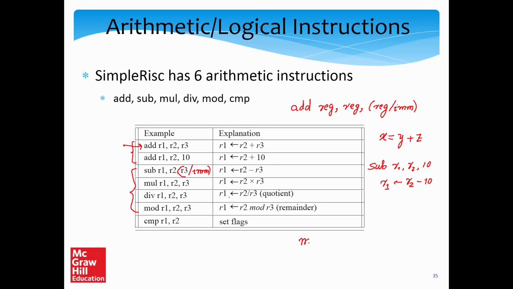So I can very well write mul R1, R2, and 10. So this would set R1 equal to R2 multiplied with 10. So division and mod have also the same format, where we divide R2 by R3 to get the quotient, and we take R2 mod R3 to get the remainder.